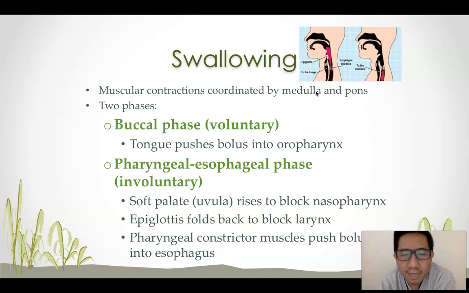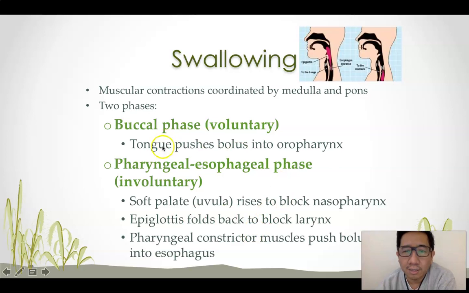Pharyngeal esophageal phase, this is involuntary. You're not aware of when you do this. When you swallow voluntarily, you start closing up stuff. Your epiglottis starts to fall back to block your larynx, so the food can't go inside your windpipe. So it will go down to your esophagus correctly.